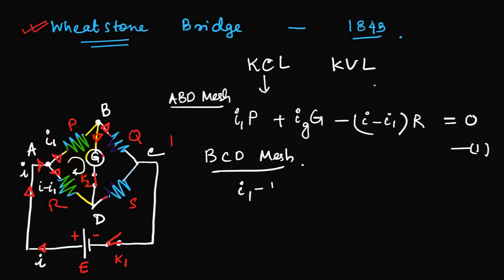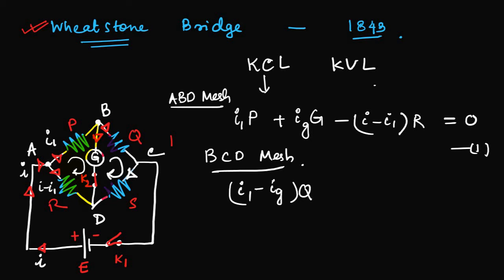It would be I1 minus IG along BC with Q as the resistance. This is positive because the current is flowing in clockwise direction. Now along this other direction, what would the current be? Can you say?